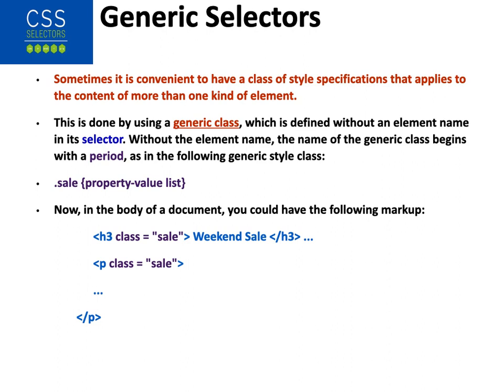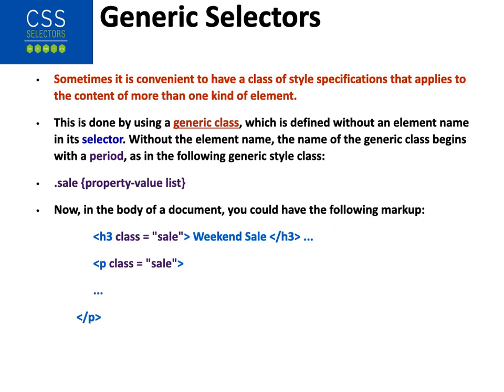In the previous example, we have used p dot normal and p dot warning. So that dot represents it's a class for paragraph element. Here we are not specifying any element, directly we have used dot sale. So that makes it a generic selector. That is, this particular sale class name is not specified for a particular element.